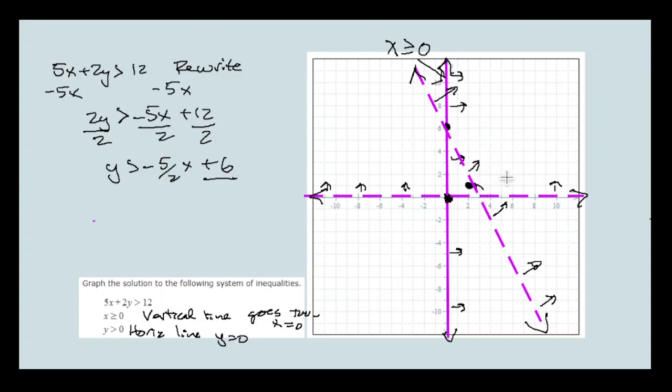So let's take the point 4, 4, which I know is in all three regions. So we're going to test the point 4, 4 and see if it works. If I put 4, 4 in for both of these, it clearly works, right?